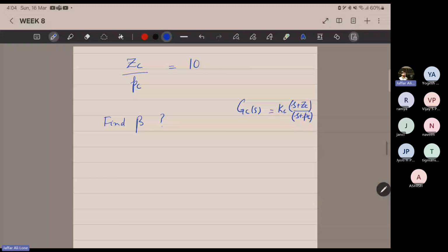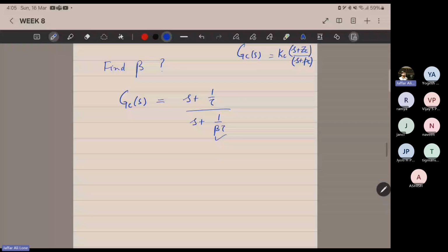For example, I can write this lag compensator also like this: GC of S is equal to S plus 1 over tau divided by S plus 1 over beta tau. So this is what beta is in this form, and they're asking to find this beta. I know my ZC over PC.